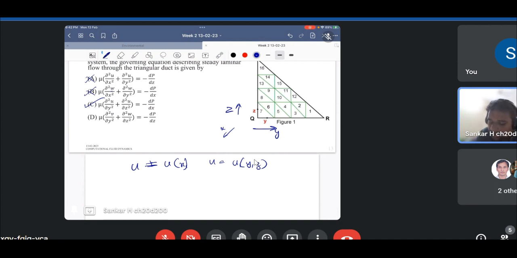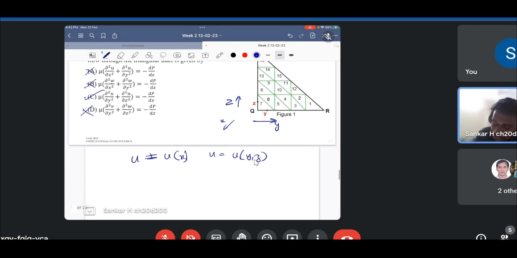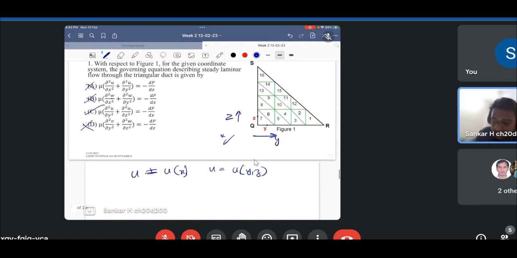There will be a linear constant pressure gradient across the axial direction. And option D is d²v and d²w. Again, the Navier-Stokes equation is not as shown here. So option C is the correct answer.